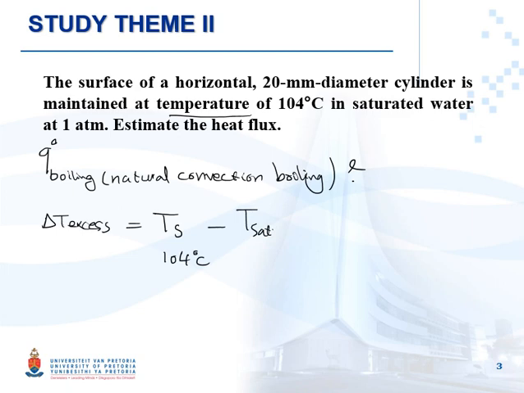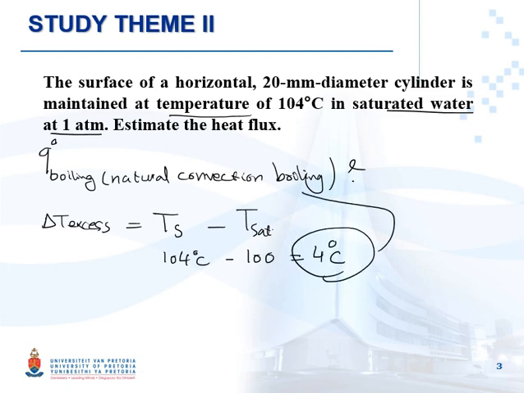I can't see it here. So how are we going to find the T sat? Saturated water, 1 atmosphere. We go to the table and read it. It says 100, so we have 4 degrees. So now we confirmed what I said at the beginning. The boiling regime that we are dealing with here is natural convection boiling.